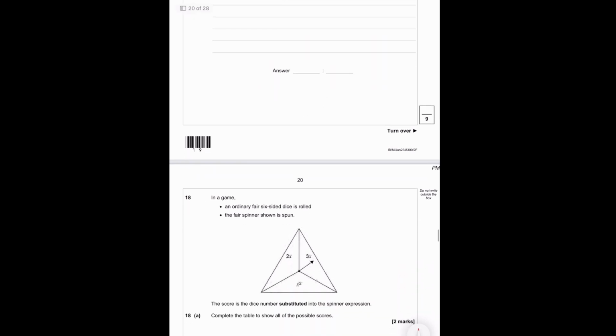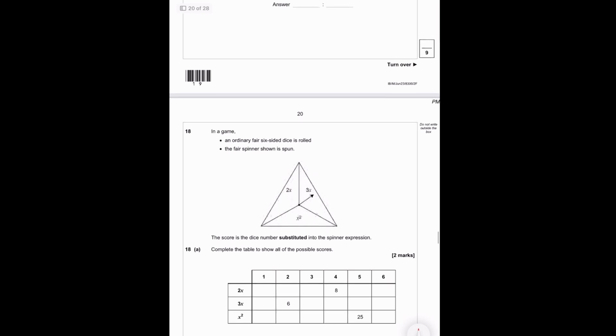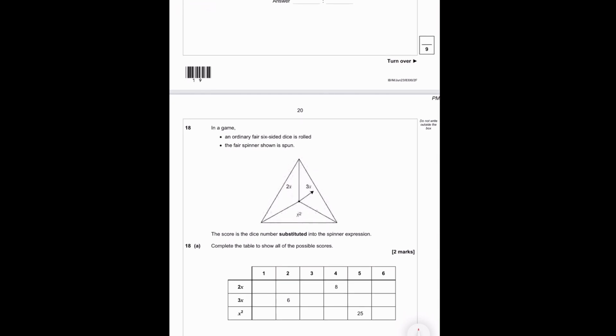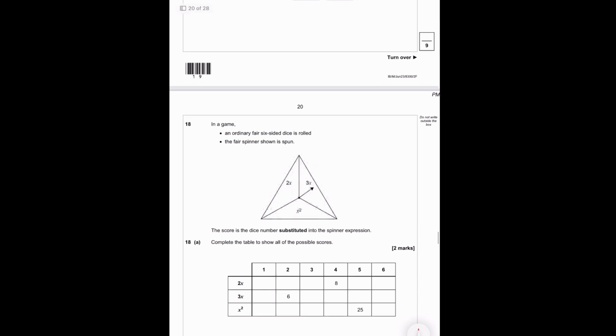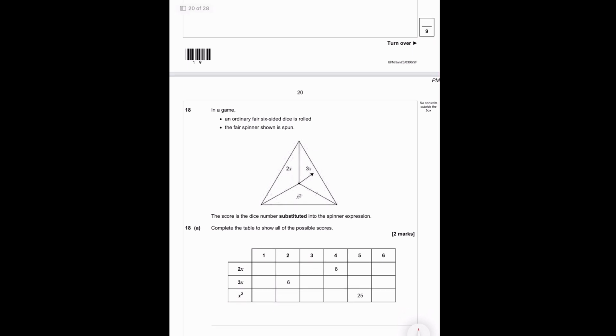(18) In a game, an ordinary fair six-sided dice is rolled. The fair spinner is spun. The score on the dice is substituted into the spinner expression. Complete the table. So if 1 is in place of x, 2 times 1 is 2.